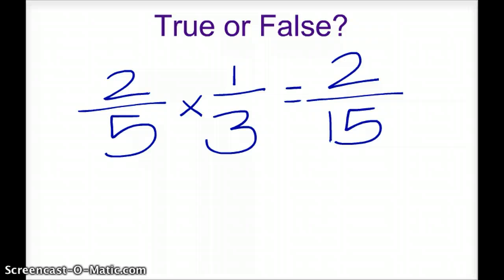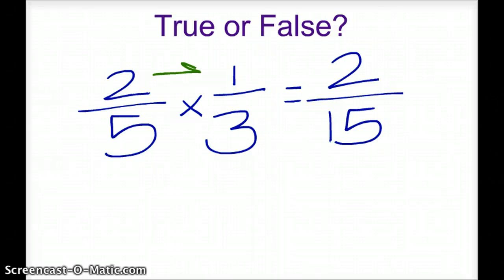True or false? 2/5 times 1/3 equals 2/15. Go ahead and pause and solve this problem. When you multiply fractions, you don't need to do anything special to them. You just multiply.